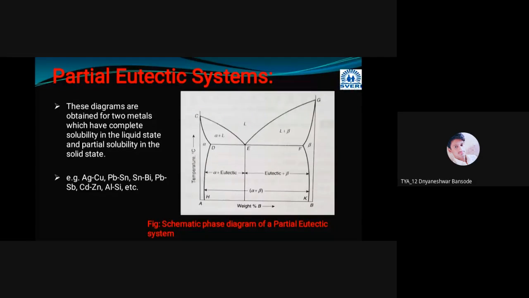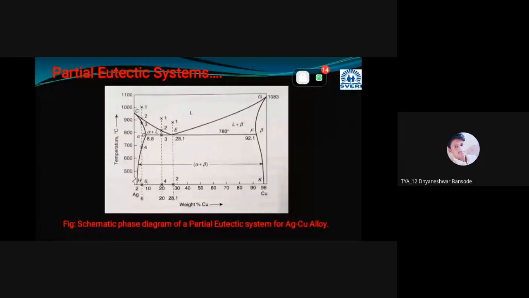Now, for better understanding, we will consider one practical example to explain this partial eutectic system. Here I have taken one practical example, an alloy of silver and copper. Same diagram here also. I will explain the points here.